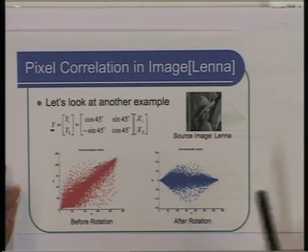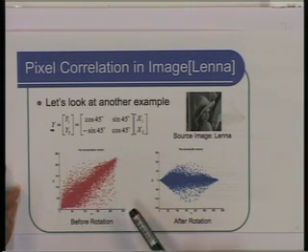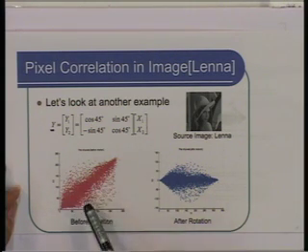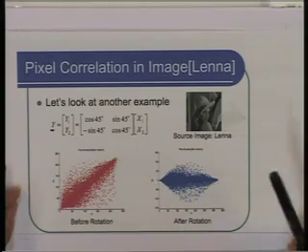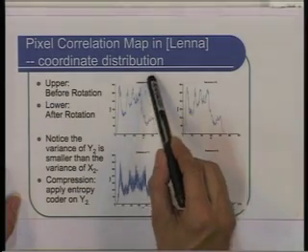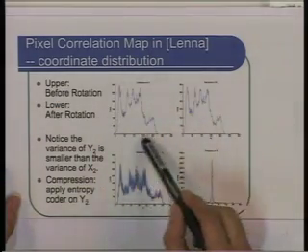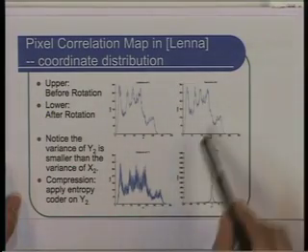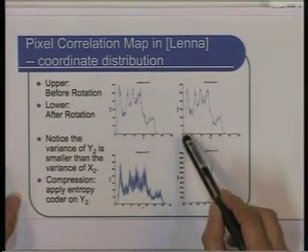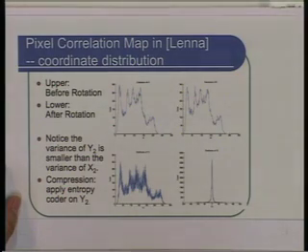Now, let us study the characteristic of this distribution before rotation and after rotation. If we look at the distribution of x1 before rotation, it is given here, and if you look at the distribution of x2 before rotation, it is given here.